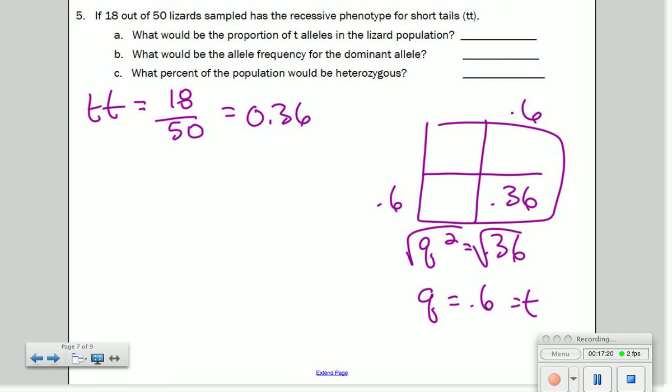Cool. So it's asking, what would be the proportion of T alleles in the lizard population? Well, there's your answer right there, 0.6, because that's my Q. What would be the allele frequency for the dominant allele? Well, P plus Q equals 1. So P's got to equal 0.4.